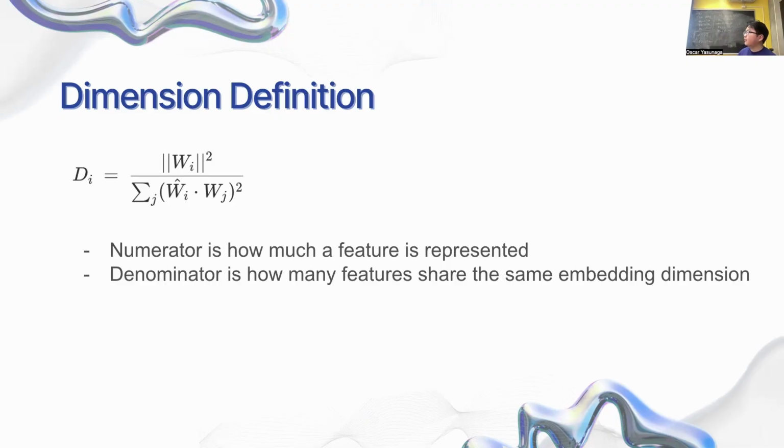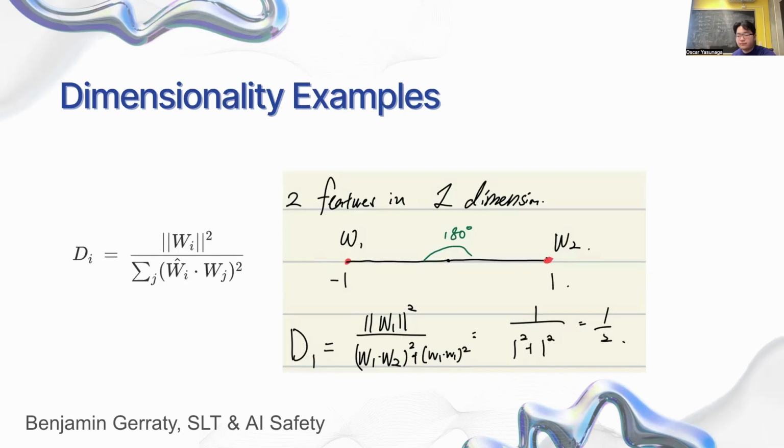So D of i, this i index, is going to be the ith index of your input vector, or the ith column vector of the weight matrix, so it's the ith feature, and it is asking what dimension the ith feature lives in.